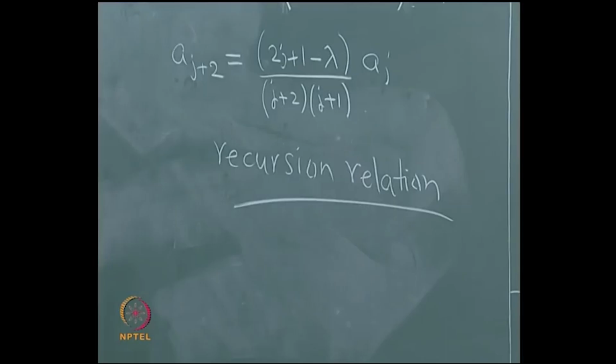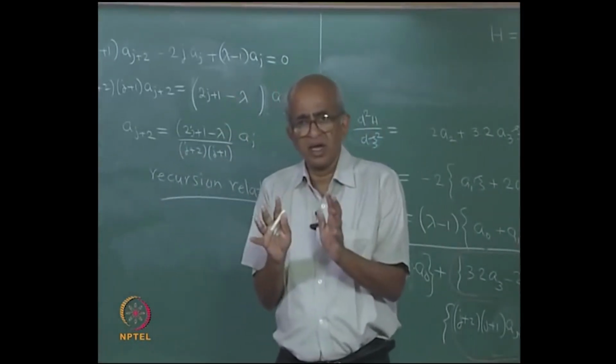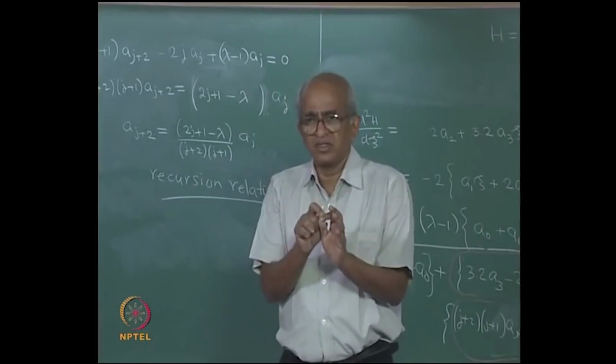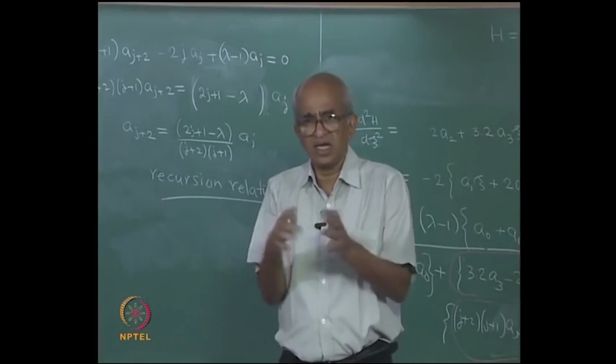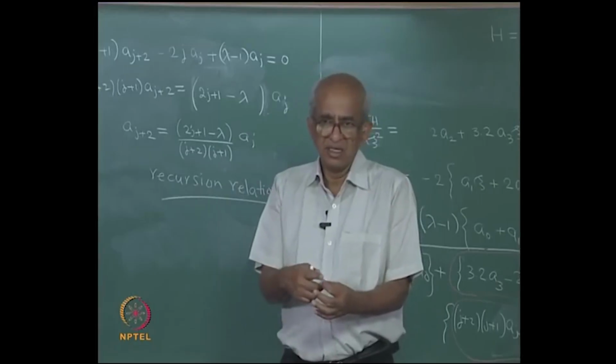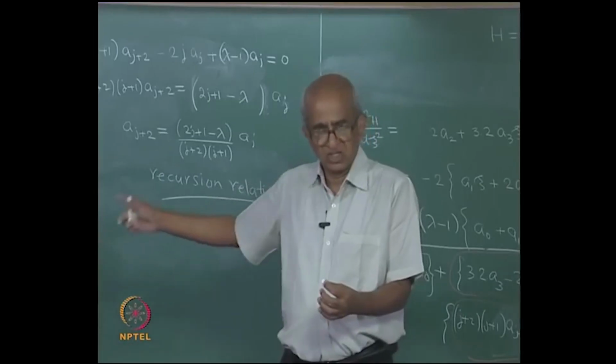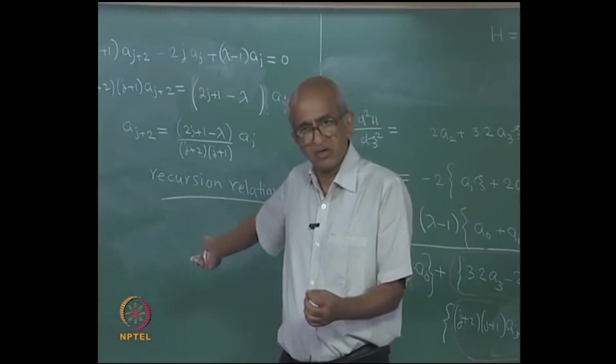So, therefore, what we can do is we can have some value for a0 and some value for a1, that we can choose as we like, but then a2, a4, a6, etc. has to be chosen according to the recursion relation, right.